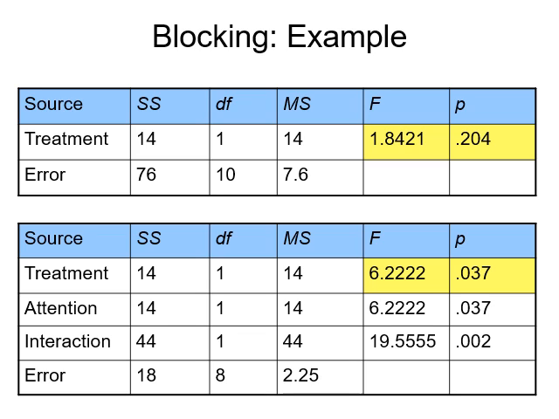P-value 0.20. However, if the treatment is truly uniquely associated with the outcome, coffee consumption, and attention is only related to the outcome and not treatment, we're not going to find treatment changes. Treatment should still be about the same. The mean square is still 14. However, now attention has a mean square.